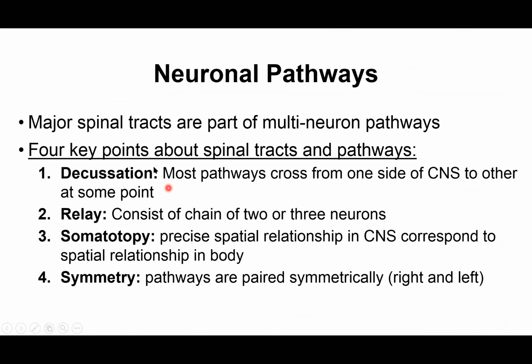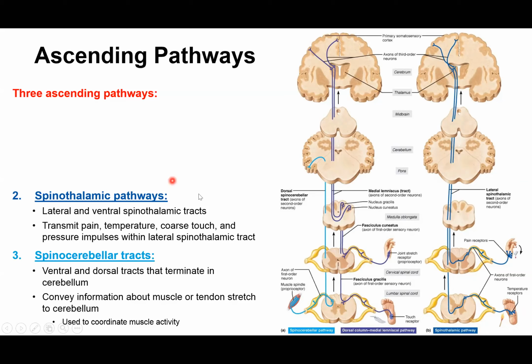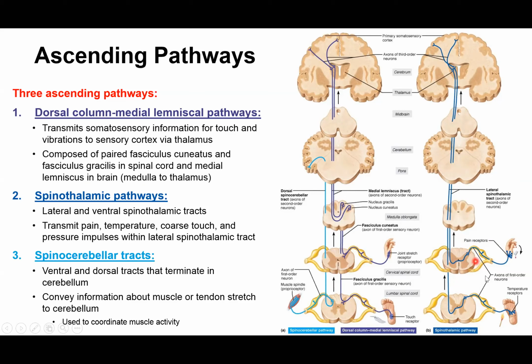And so this idea of decussation is occurring in this spinothalamic pathway at the level that the first order neuron comes in. First order neuron is entering the spinal cord at whatever level that nerve comes from.